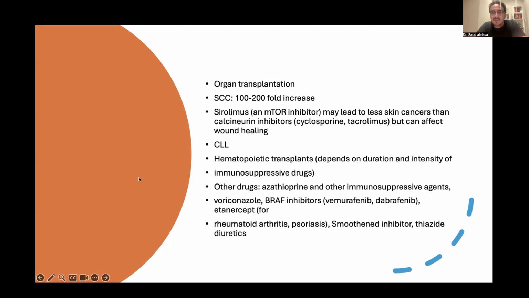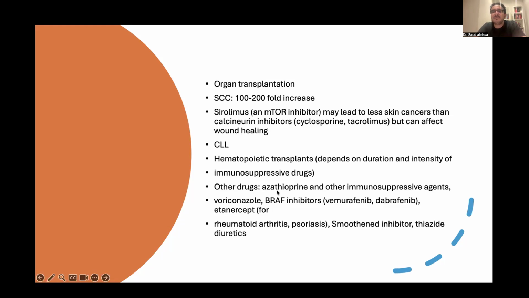Organ transplants. Can someone tell me which organ transplant is the highest risk? Can someone guess?